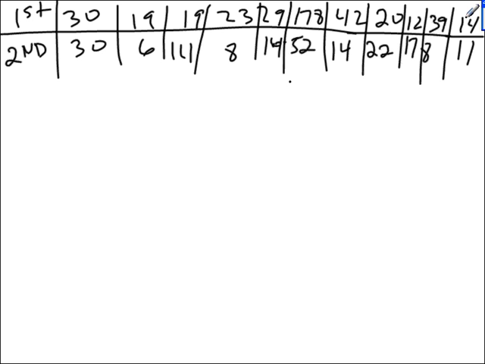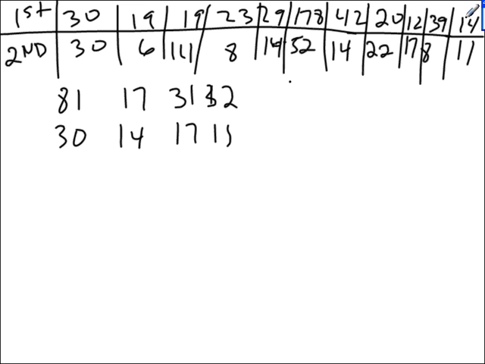That's the data. Actually, there's more: 81, 17, 31, 31, and lastly 32. Second time, sorry: 30, 14, 17, and 15.